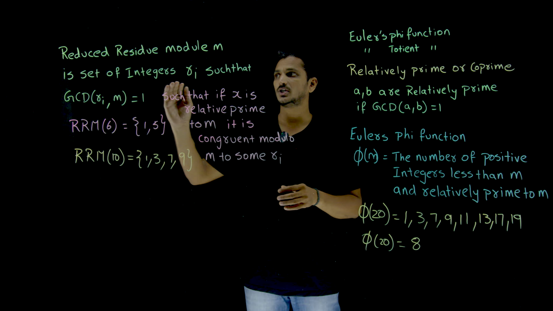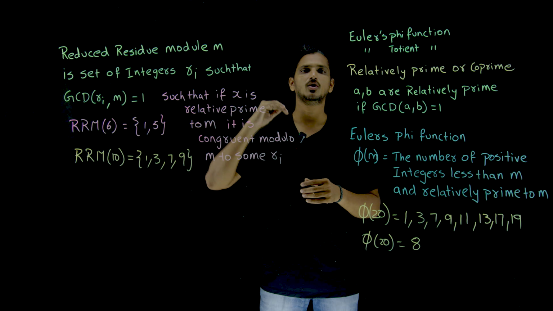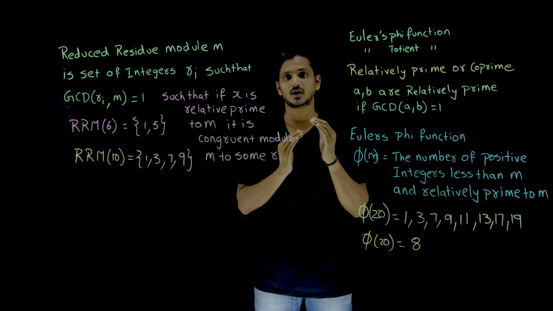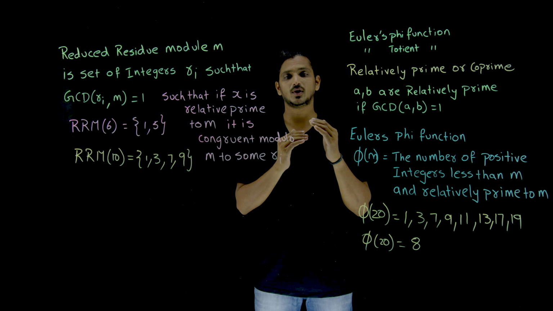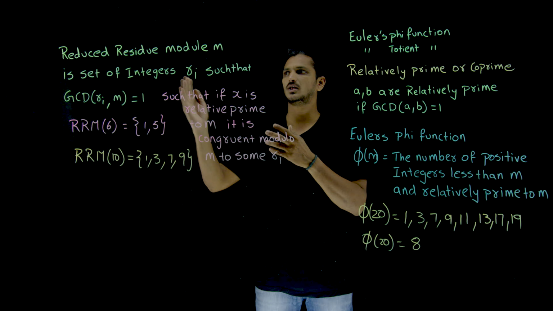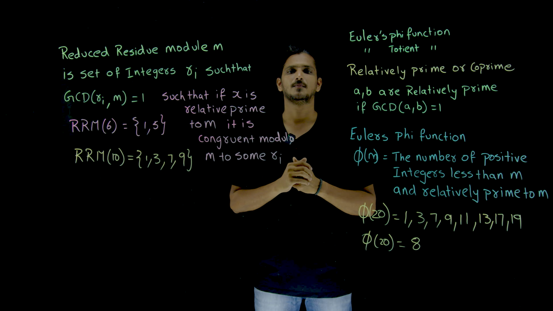Now coming to the next definition, reduced residue modulo m. This is a bit confusing to understand, but try to understand it properly. Anyhow, at the end we are going to give you the shortcut. You simply follow the shortcut and you are going to get the reduced residue modulo m.